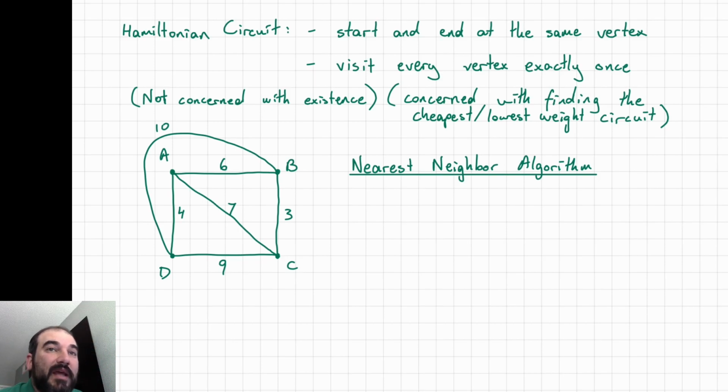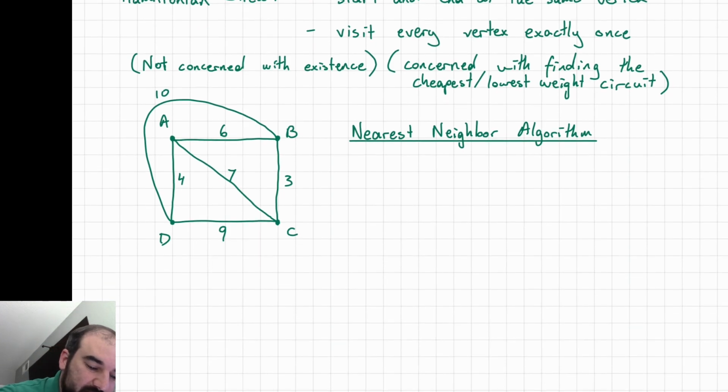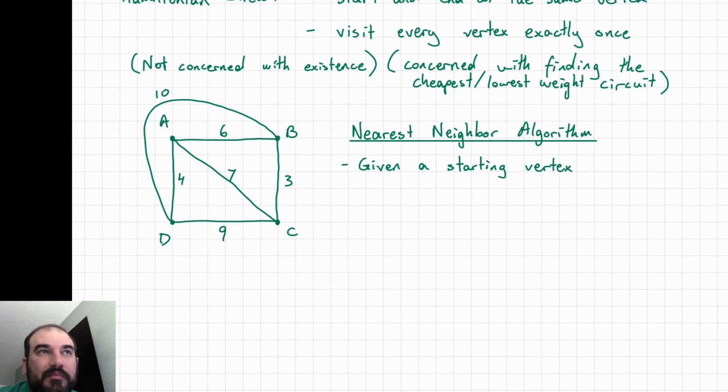For the nearest neighbor algorithm, to be able to use it, you must be given a starting vertex. So the question has to say something like, use the nearest neighbor algorithm starting at vertex B or starting at vertex A, and use the algorithm from there.